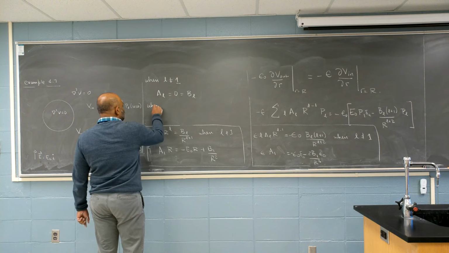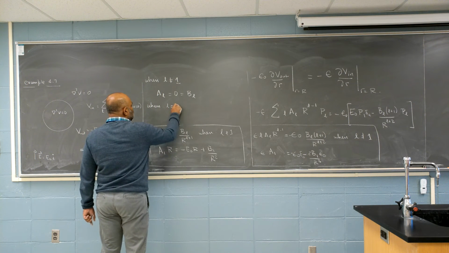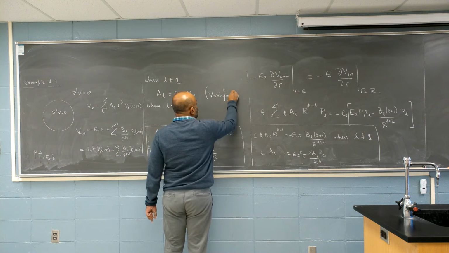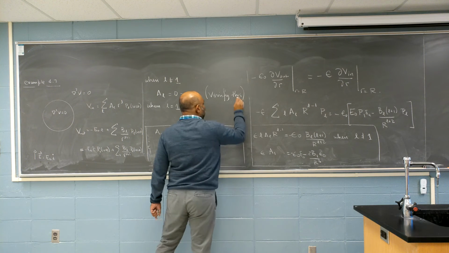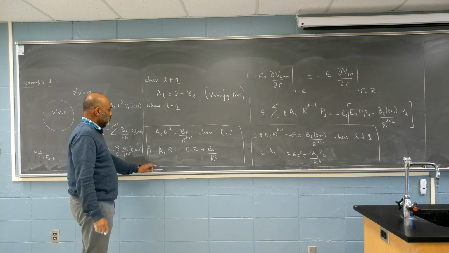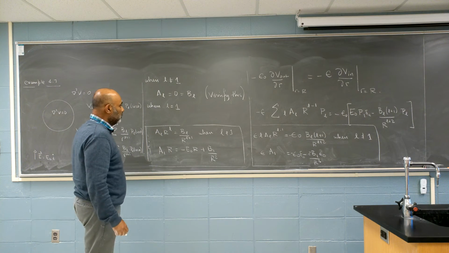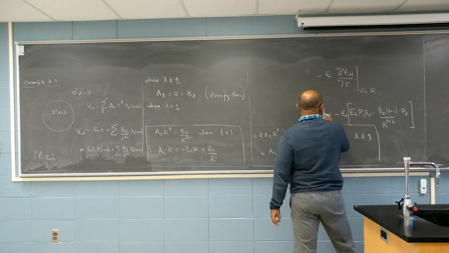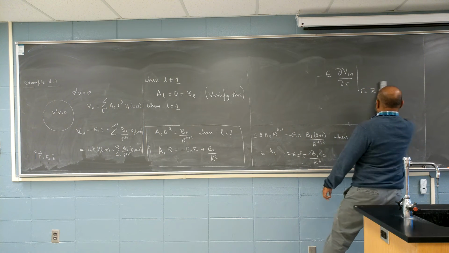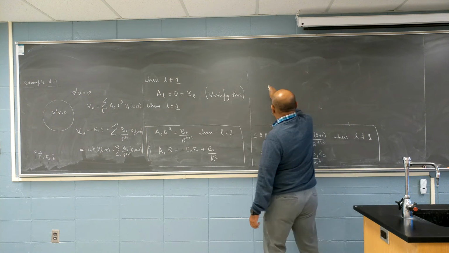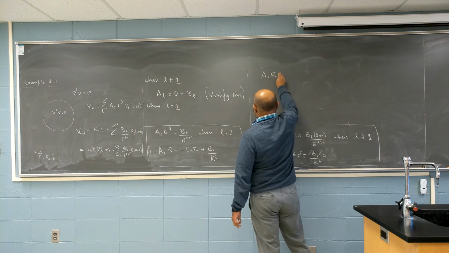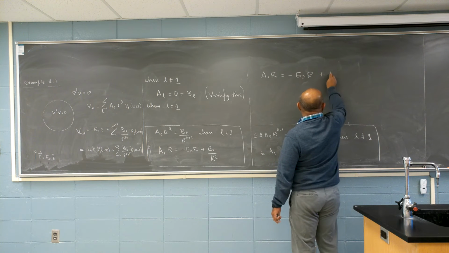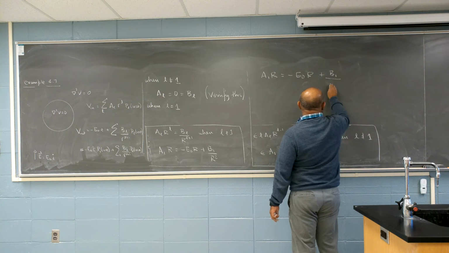So when L is equal to 1, let me write out the two conditions we need, and then we'll do the algebra. We have A1 R is equal to minus E0 R plus B1 over R squared.